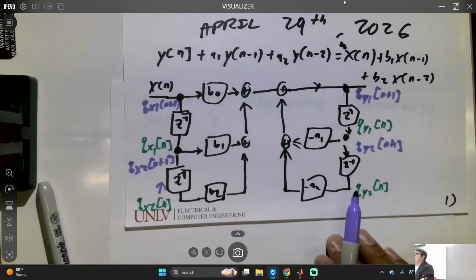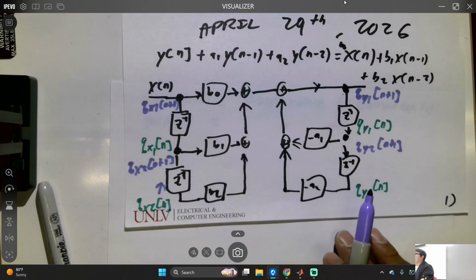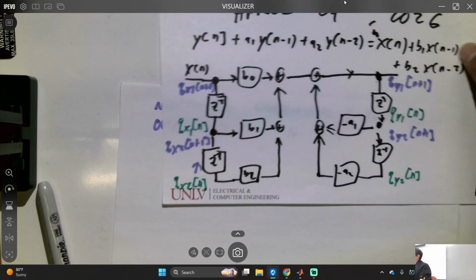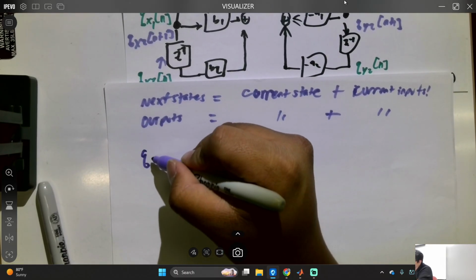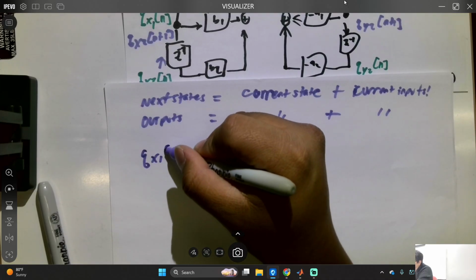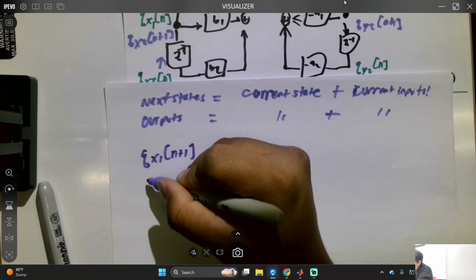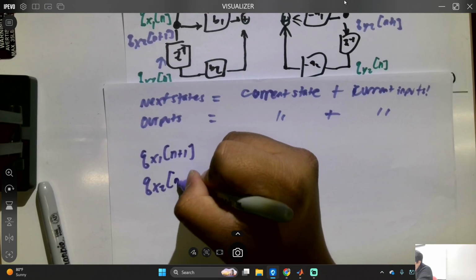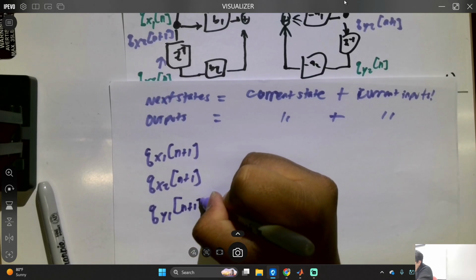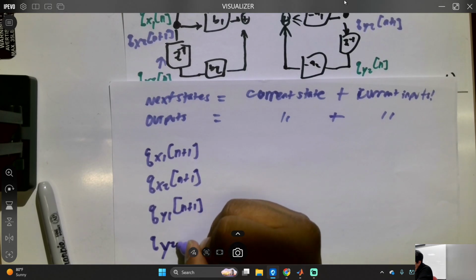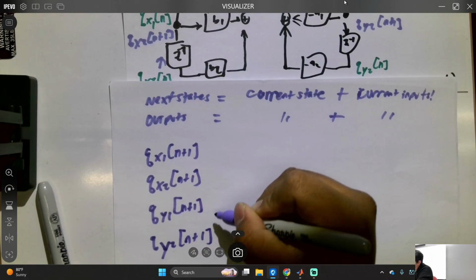There's 4 delays, 4 memory blocks, 4 integrators, if we're talking about continuous state. So I'm just going to write it like this. QX1, N plus 1, QX2, N plus 1, QY1, N plus 1, QY2, N plus 1.